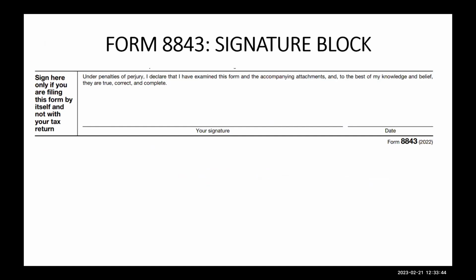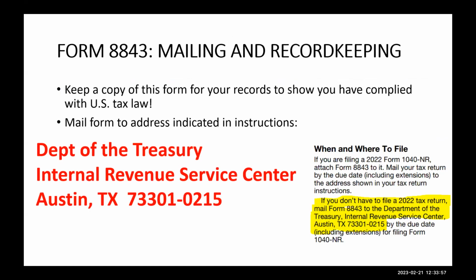Okay, and then we come to the signature block. So this is, again, if you're filing this by yourself, I mean alone, without the 1040 NR, if you have no U.S. source income, then you do need to sign and date this form. And then you're done. That's the form 8843, pretty straightforward.